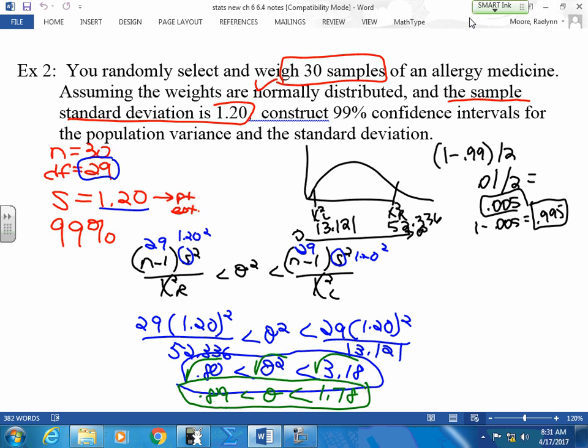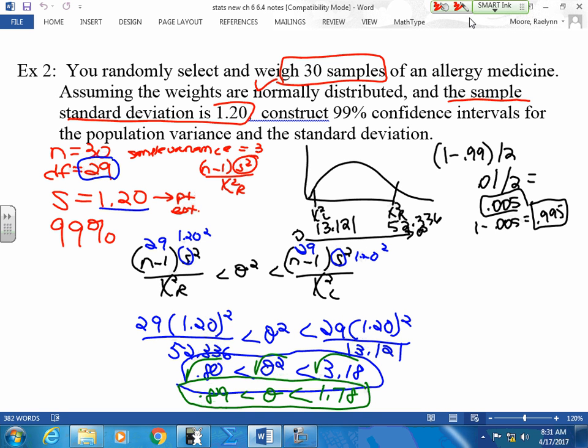Okay, now the only problem is this. If this problem gave you the variance instead of the standard deviation, so say they said the sample variance is equal to 3, then when you come here, you're just going to put the 3 in for this whole thing.